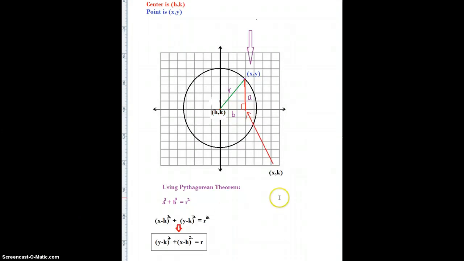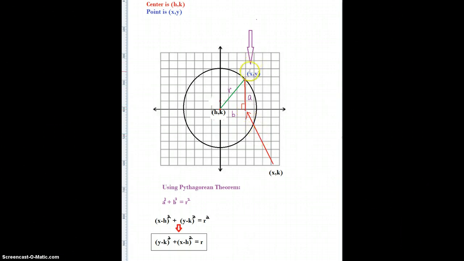Okay, now be patient with me. We have to name this mystery point down here. How do we do that? Well, let's start with its x-coordinate. Because it's directly down from the point that we know is XY, the x-coordinate is going to also be x.